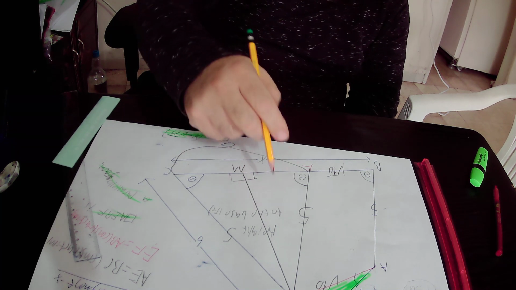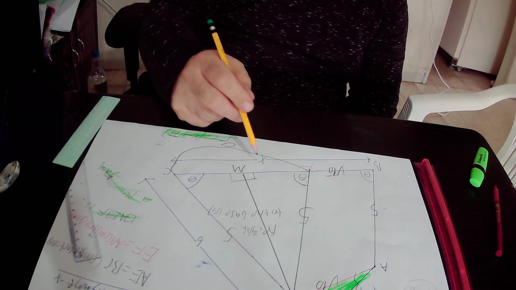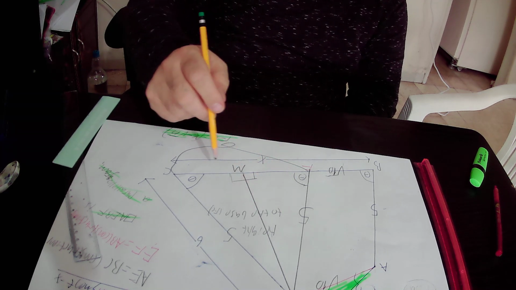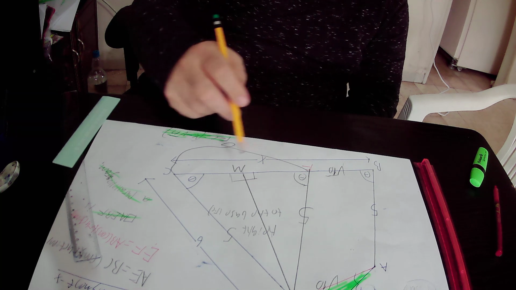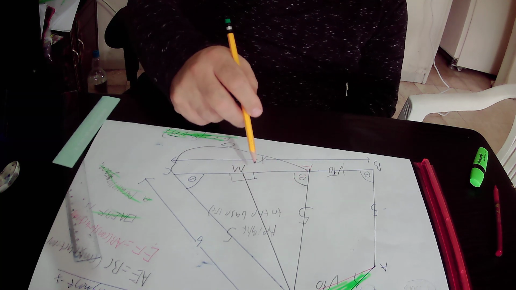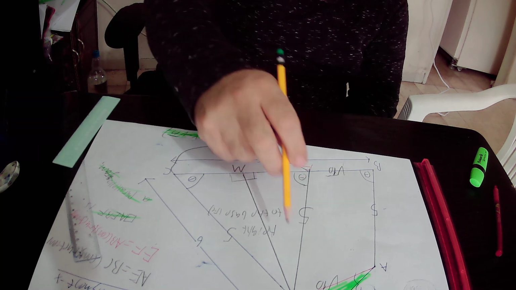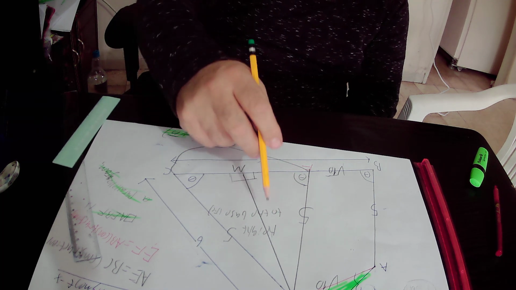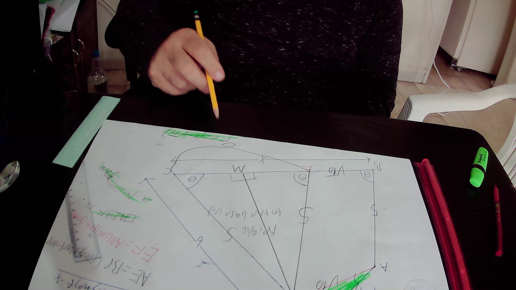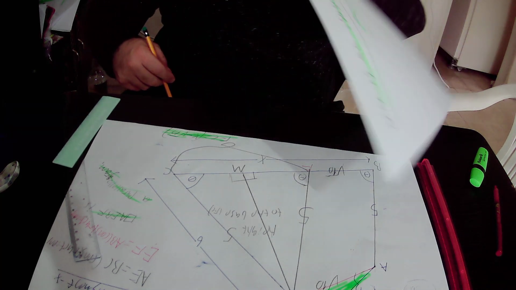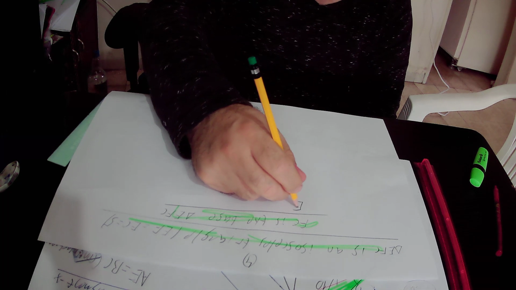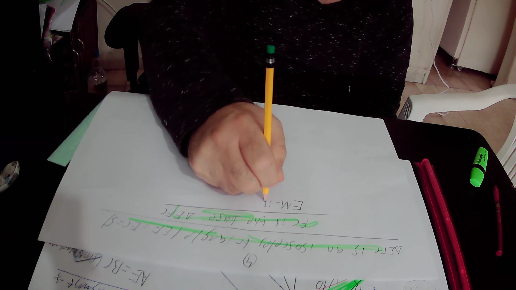Because EM is perpendicular to FC, EM is the height to the base FC.